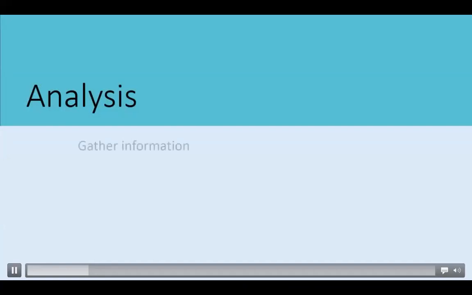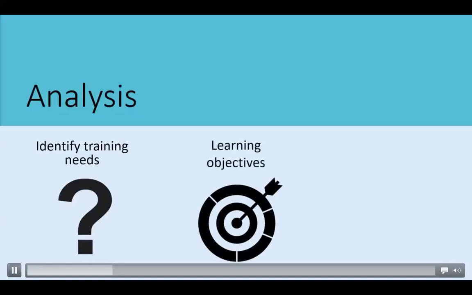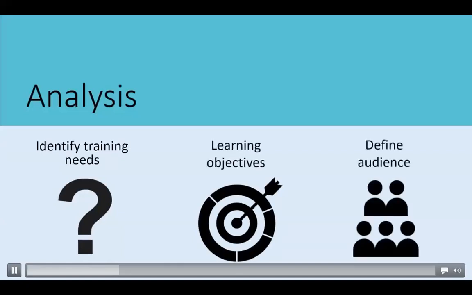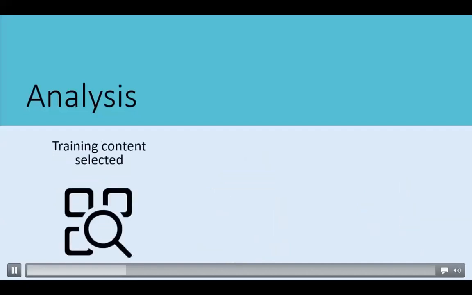At the analysis stage, instructional designers gather information and make decisions that will make the training development process much smoother later. There are several major activities at this stage. Instructional designers identify the training needs. Learning objectives are created that address the needs. They define who their audience is. The training content is selected that will help the target audience achieve the learning objectives.